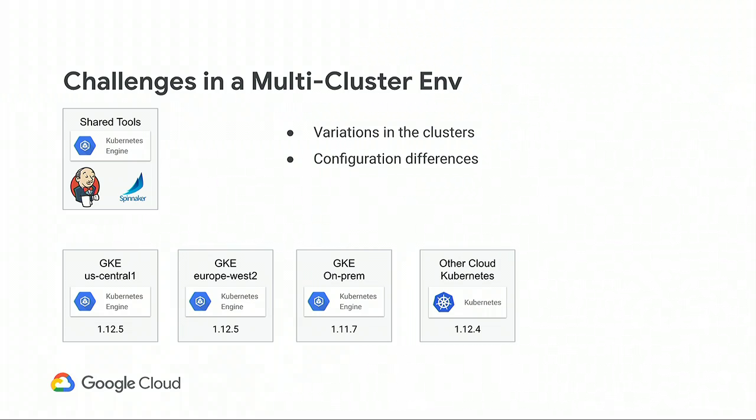Notice in the slide we have two GKE clusters that look pretty similar, but they're in different locations. We have a GKE on-prem with a different version of Kubernetes and another cloud provider out there with yet another version. And you have to think about how your application behaves in those scenarios, and then also about how your interconnects are happening there, because they can introduce variables into the scenarios.